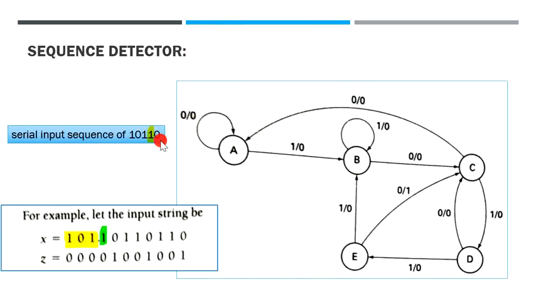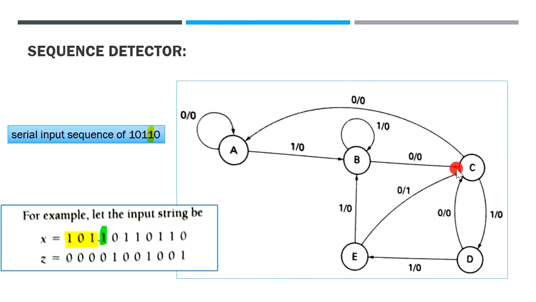For that, we are going to see the transition of E towards B or C. If x is equal to 0, the output will be logic 1 and the state will change from E to C. The reason for changing from state E to C is that the string can overlap.